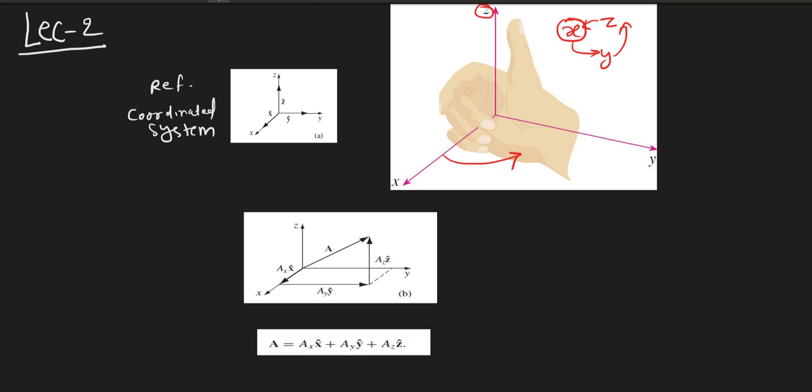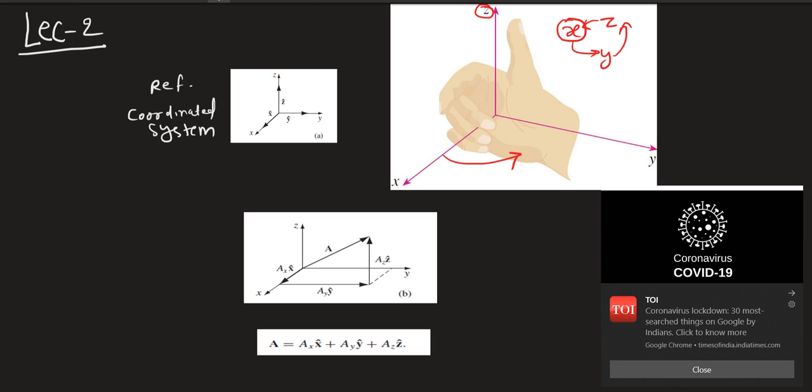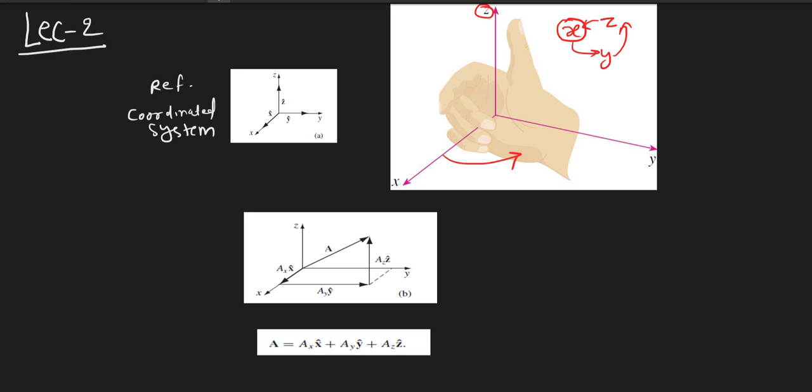Then you have to start pointing your fingers from the positive y-axis and then curl around your fingers towards the z, and the direction of thumb would be giving you the positive x direction. Similarly, if you want to find the direction of positive y, then you have to start from positive z direction, okay, and curl around your fingers towards the positive x direction. Then the direction of thumb would be giving you the direction of positive y.